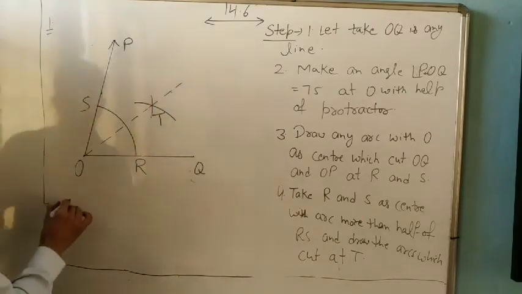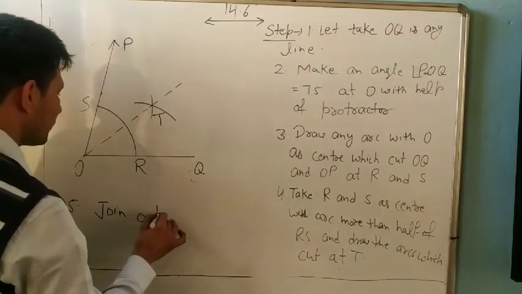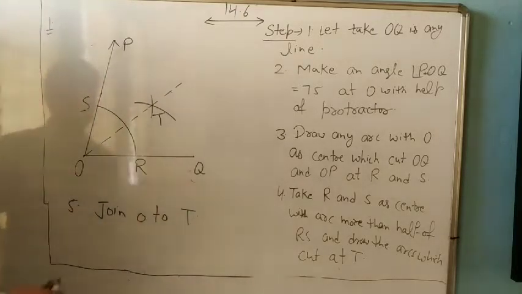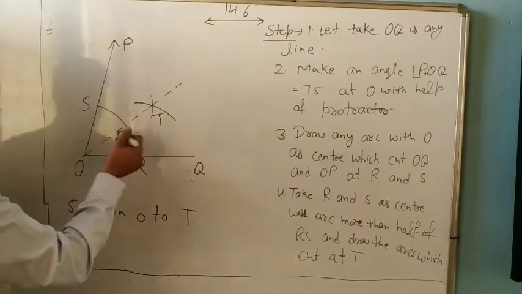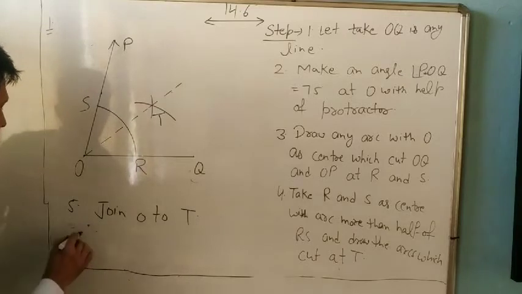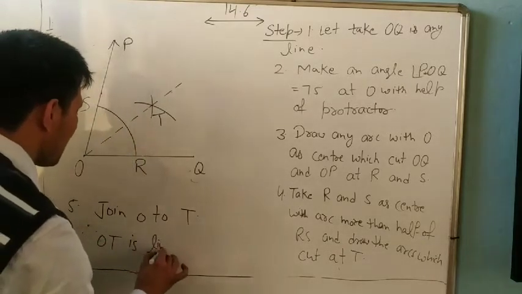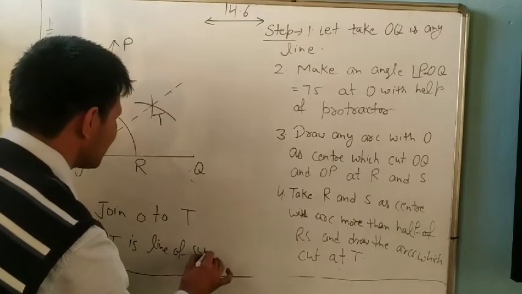Fifth step: join O to T. So OT is the line of symmetry.